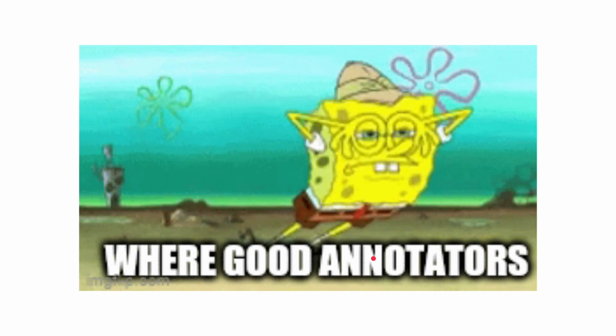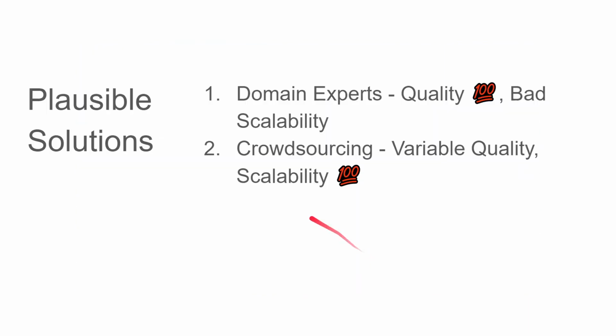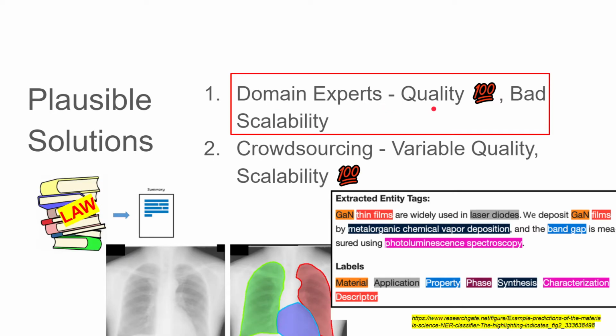So that's the question. Some plausible solutions are maybe domain experts. If we consider domain experts, say we have the task of legal summarization, and there are lots of books or lots of legal cases.